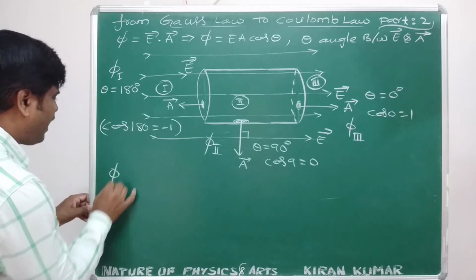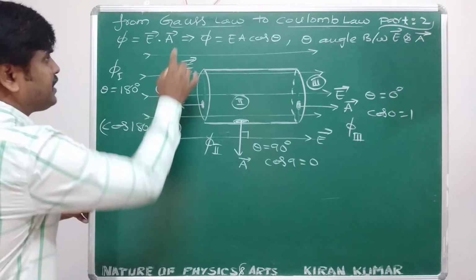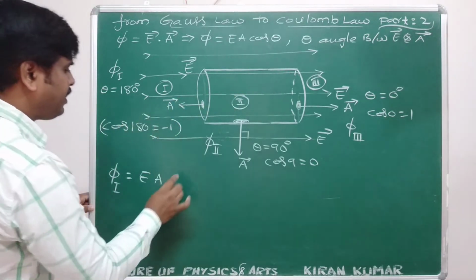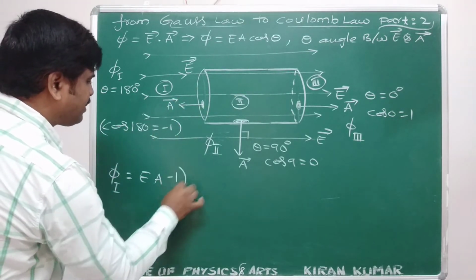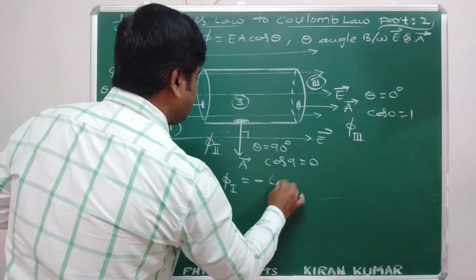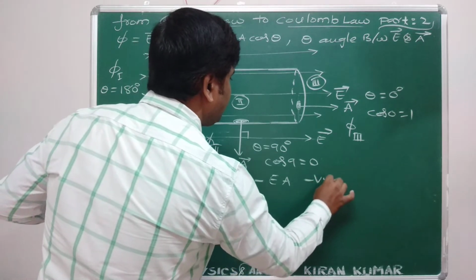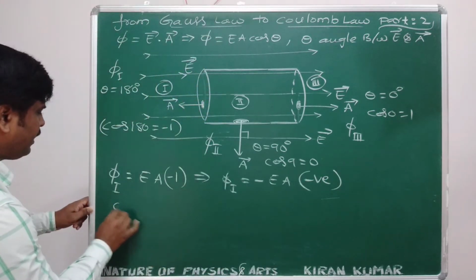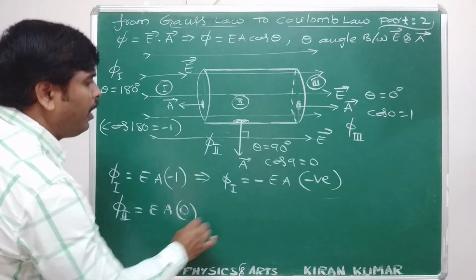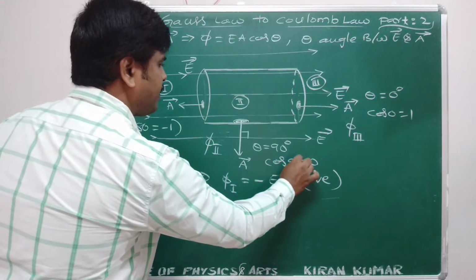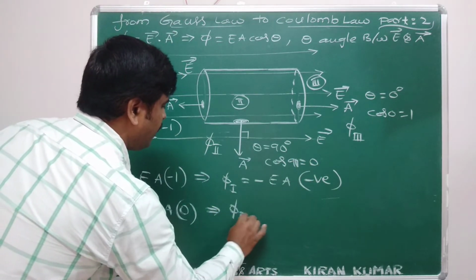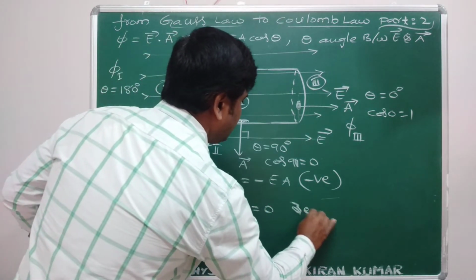Step by step, phi 1 is equal to the basic formula EA cos theta. Theta is equal to 180, cos 180 is equal to minus 1. So the electric flux in the first region is minus EA, a negative electric flux. In the second region, phi 2 is equal to EA cos 90, which is equal to 0, since it is perpendicular. So the flux phi 2 is equal to 0.